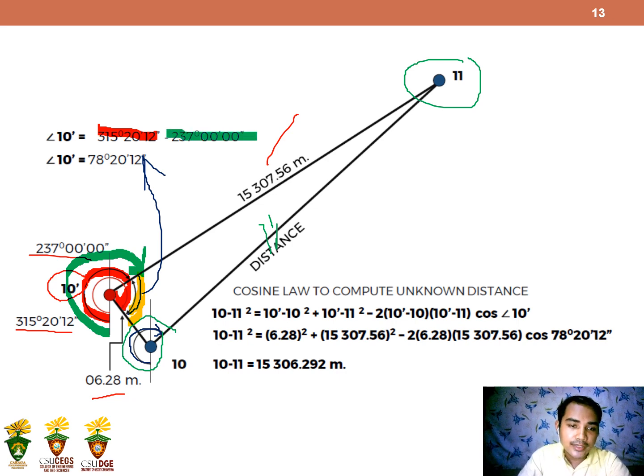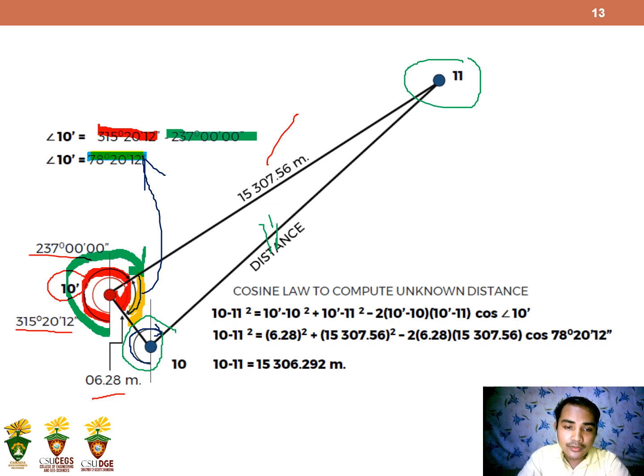Subtracting, we get 78 degrees, 20 minutes, and 12 seconds. So that is now the angle at 10 prime.